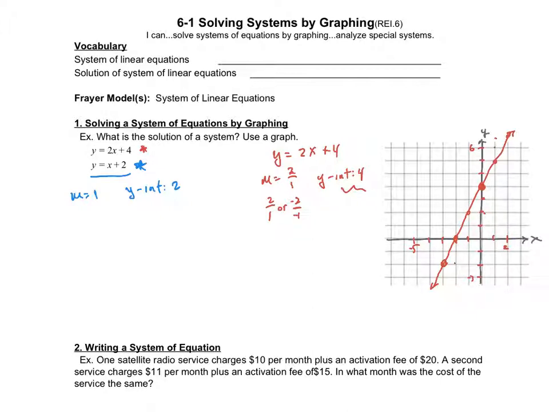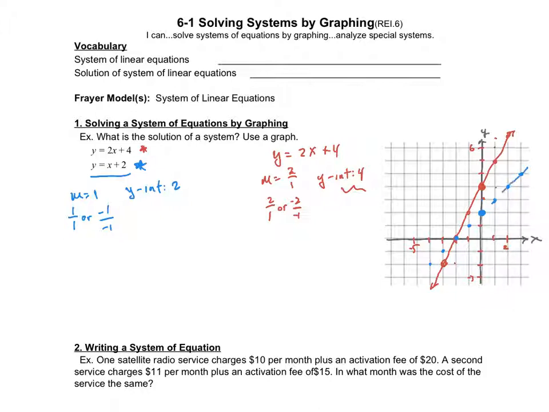So I am looking at 1 over 1 or negative 1 over negative 1. Starting on my graph at y equals 2, I'm going to go up 1 over 1, up 1 over 1, and then back 1, down 1, back 1, down 1.